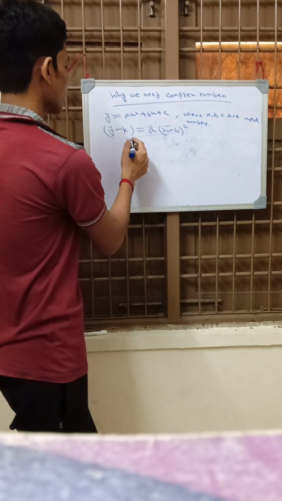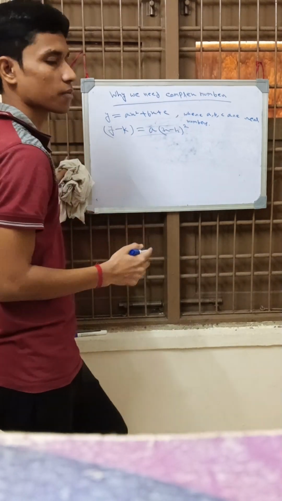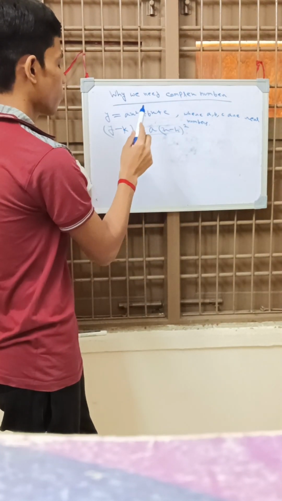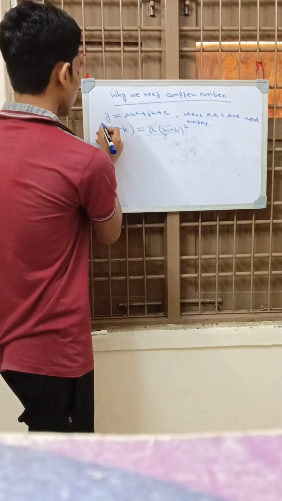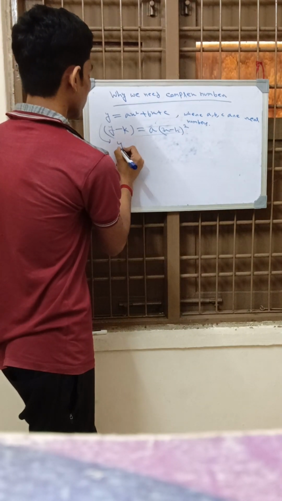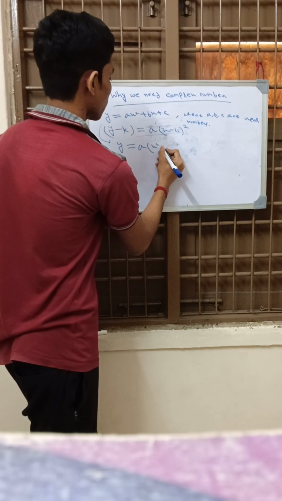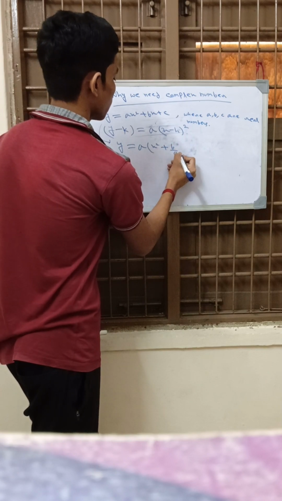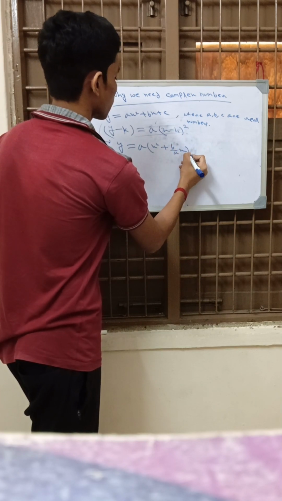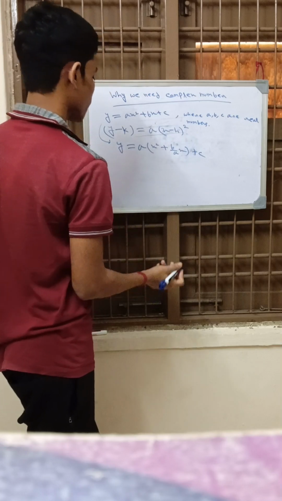If we rearrange y equals ax square plus bx plus c into standard form, it looks like y equals a into x square plus b by a x plus c.